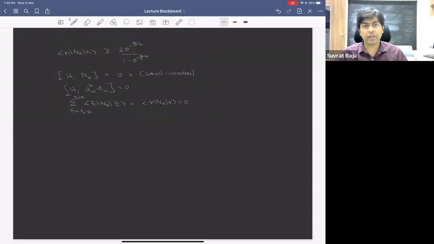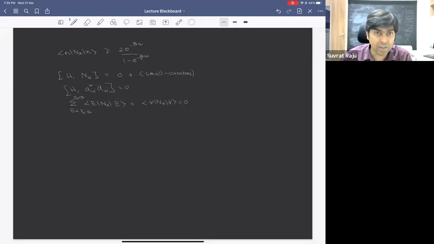Okay. So the contradiction is that when you have a trace, what we are tracing over is energy eigenstates. But because energy eigenstates are eigenstates of H, and because the number operator commutes with H, you can do a change of basis in the trace. When you have two operators and they commute with each other, you can rewrite the eigenstates of one in terms of the eigenstates of the other. In general, for any given eigenstate, you can't say so much, because we have to pick various linear combinations of all sorts of n operators.